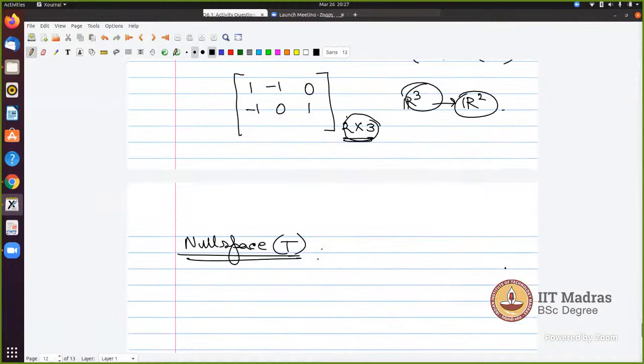So yeah, null space of T. What does null space of T mean? What is the definition of null space? Let's start with that. The space in the domain which gives 0 in the codomain. This is the null space of T in this case.